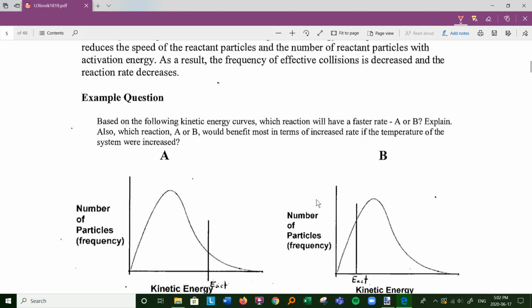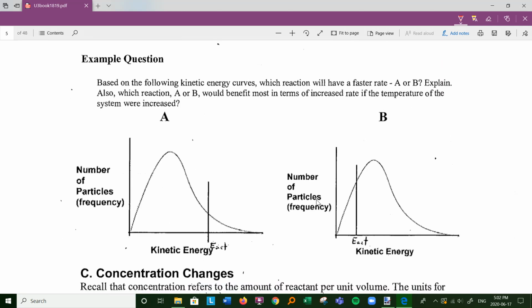Okay, so here we have an example question. Based on the following, which reaction will have a faster rate? Well, A is going to be faster because... no it's not, B is going to be faster because the activation energy is smaller, so B is faster. Also, which reaction would benefit most in terms of increased rate if the temperature were increased?